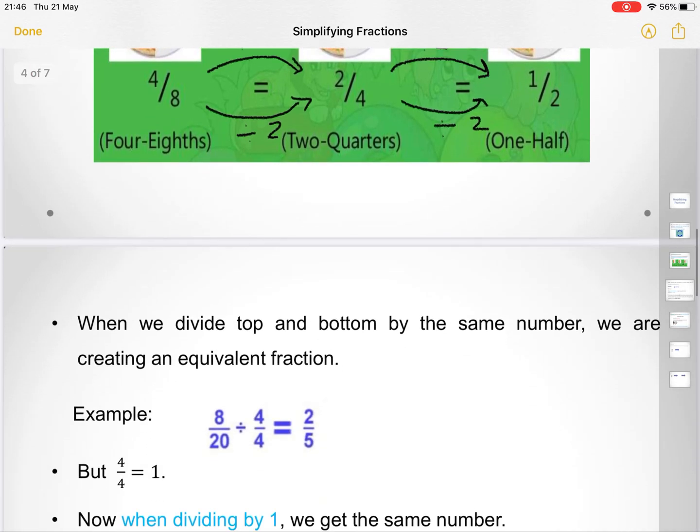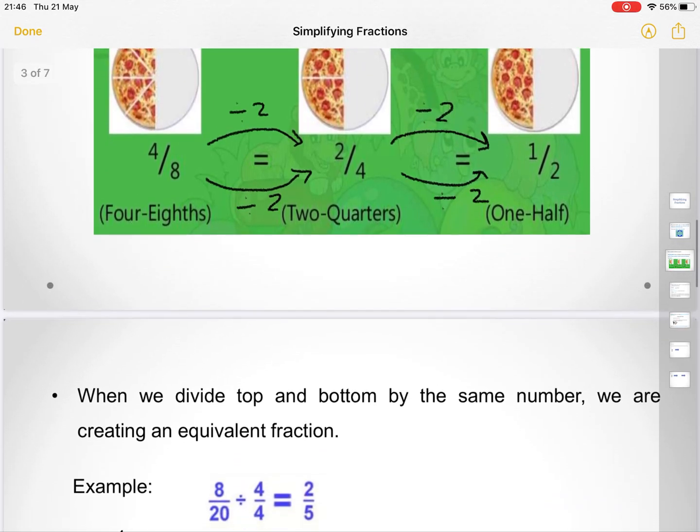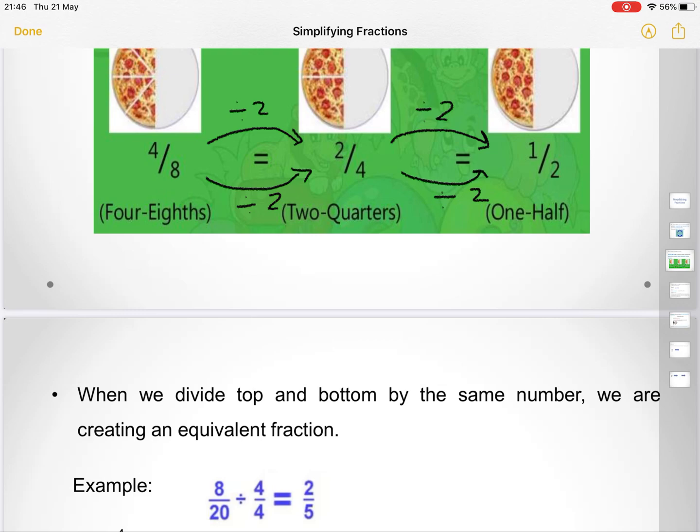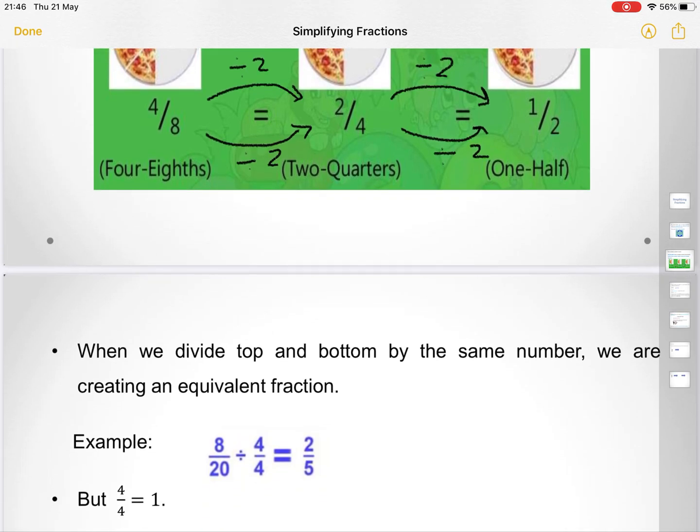Now, when we divide top and bottom by the same number, we are creating an equivalent fraction, and that's why we put down an equal sign, all right? So if I have an example, the fraction 8 all over 20, okay? 8 all over 20 can be simplified because both 8 and 20 are multiples of 4.